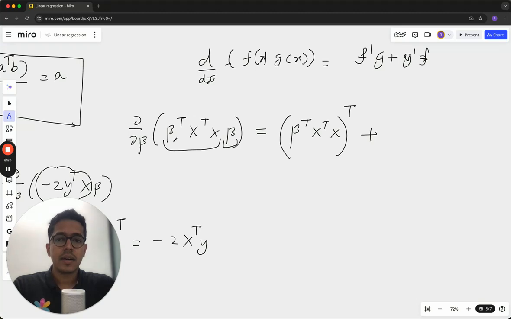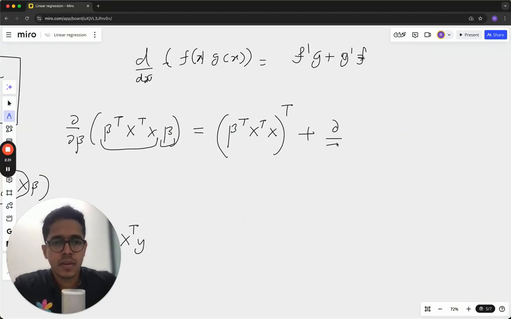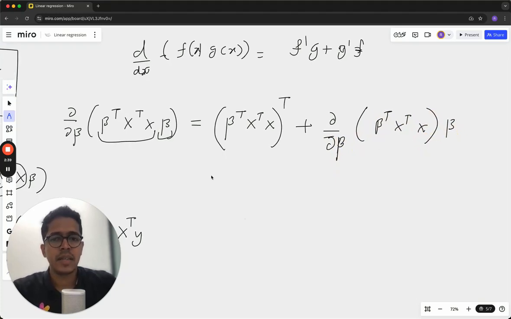And then plus we can do dou by dou beta of beta transpose x times beta. So this is equal to, if we expand this x transpose, the last x will become x transpose.